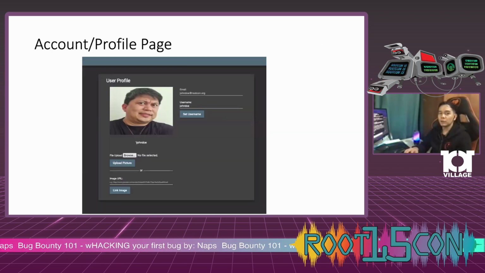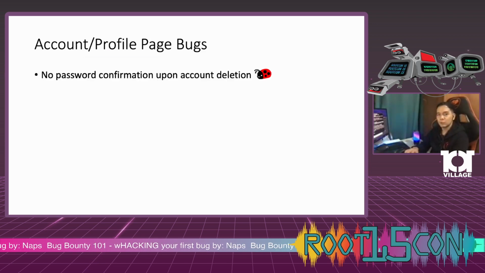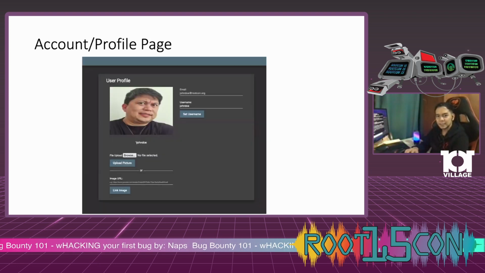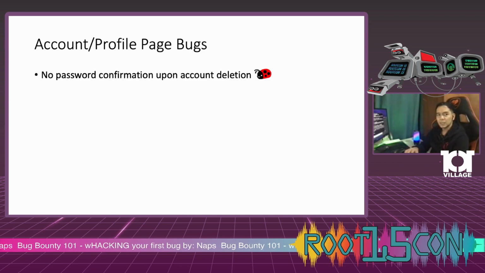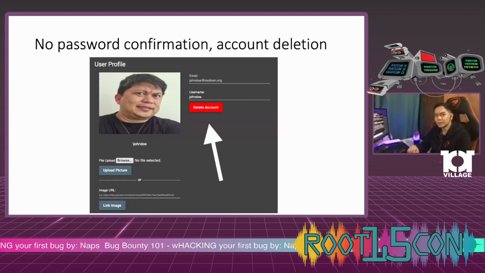So let's move on to the other bugs, which is account or profile page. So what kind of bugs can you find in this page? This is no password confirmation upon account deletion.